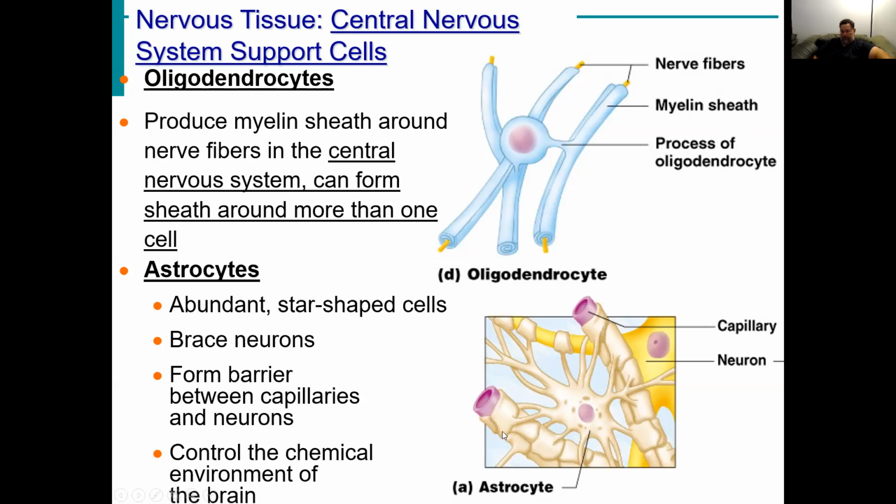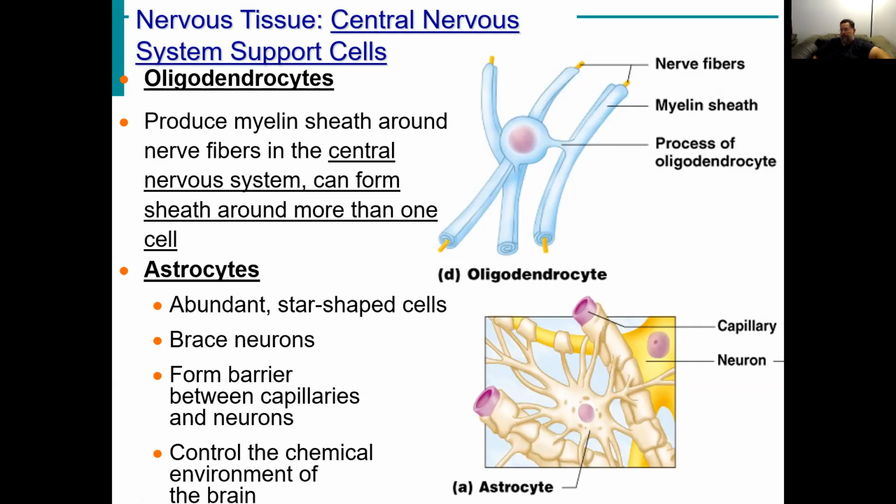Remember, capillaries are little thin tubes where blood can transport oxygen and so forth. Well, the astrocytes form the blood-brain barrier to help keep toxins out of the brain and also brace and surround parts of the axon near the cell body. And so that's what makes up the blood-brain barrier.